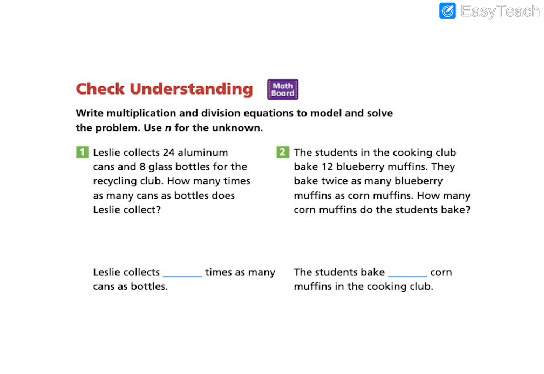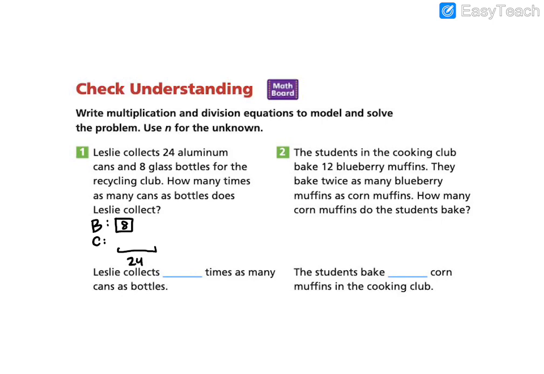How many times as many cans as bottles does Leslie collect? Okay, so we know that she's going to collect bottles and cans. She collects 8 bottles. We don't know how many times as many, right? But we do know she collects a total of 24 cans.